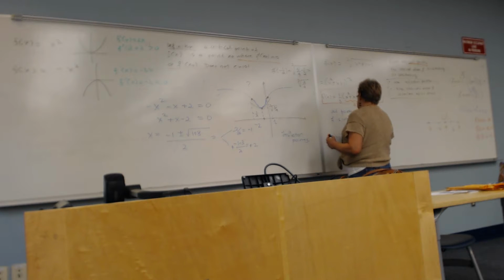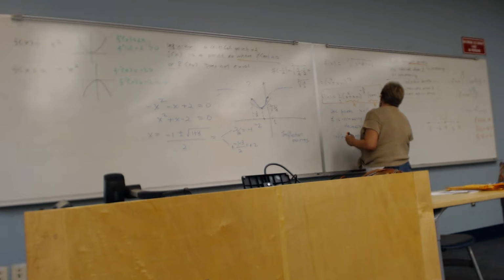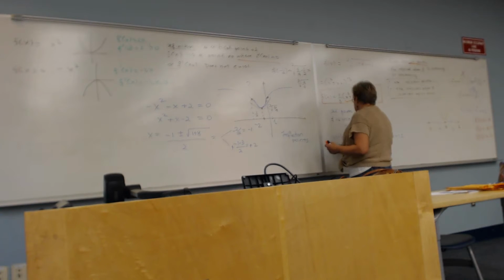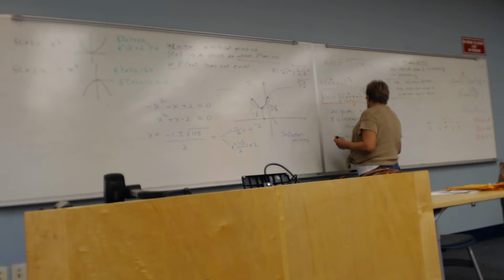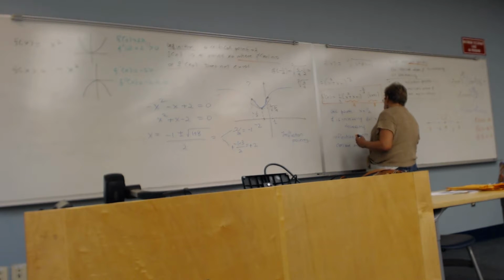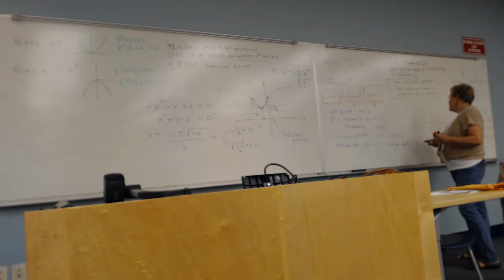Inflection points are at x equals 1 and x equals -2, concave up for x between these two points, and concave down for x greater than 1 and x less than -2.